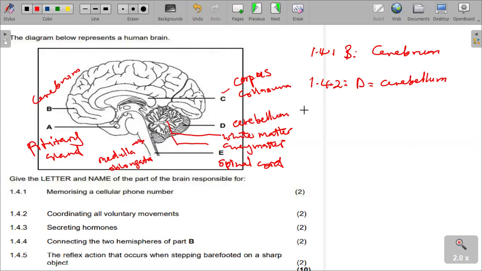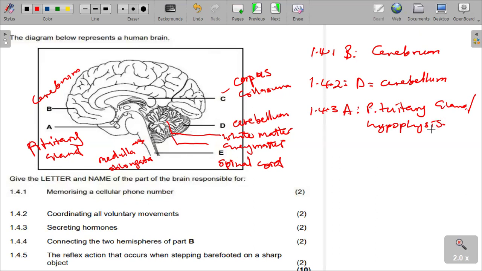And then 1.4.3, secreting hormones. Obviously, this is a gland. On the human brain, the only gland there is the pituitary gland, also called the hypophysis.